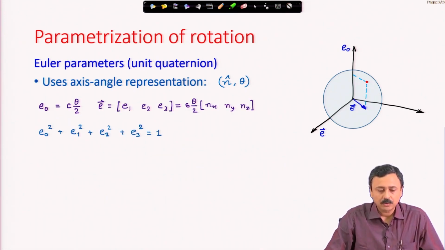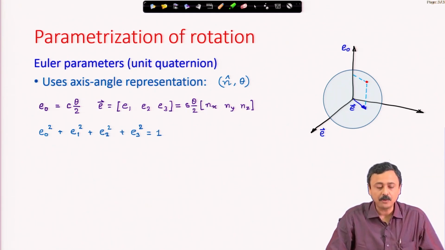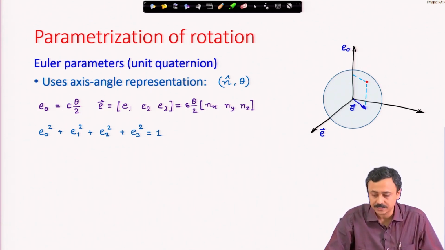Now, these Euler parameters use the axis angle representation. These are finally our parameters and the constraint, and we have found that these 4 parameters always lie on a unit 3-dimensional sphere in 4-dimensional space.